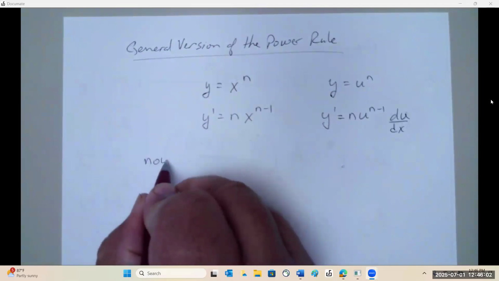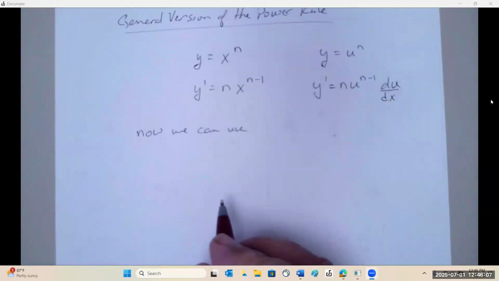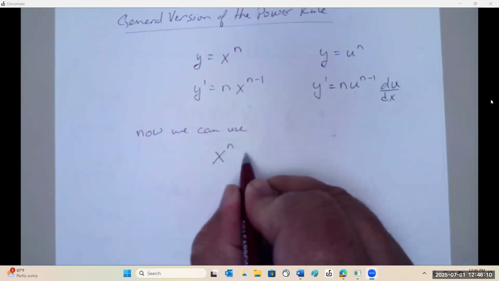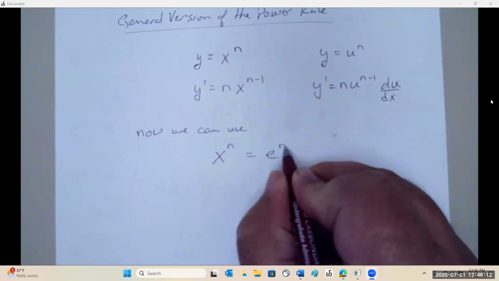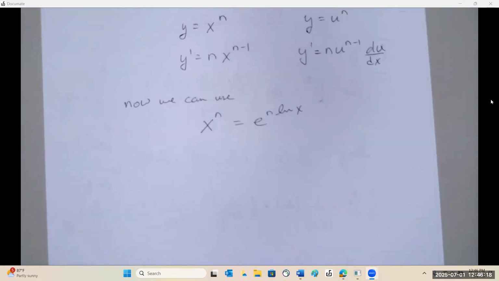Now we can use this. In place of x to the power n, we can write e to the n ln x. So we're no longer limited to real numbers or rational numbers. We can write any type, irrational, rational, complex numbers. We can do anything we want to, as now it fits in that domain. So now we're not restricted to anything.